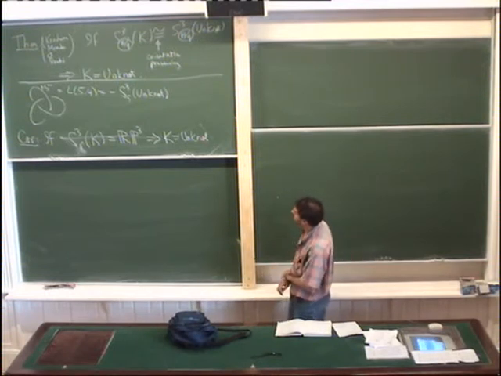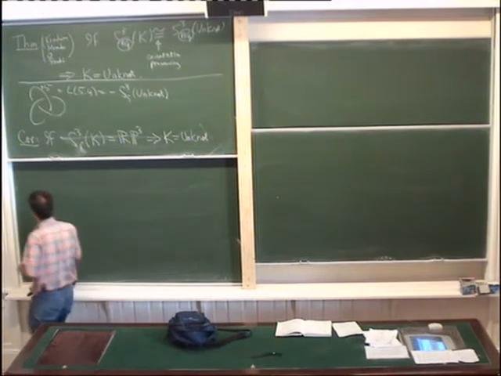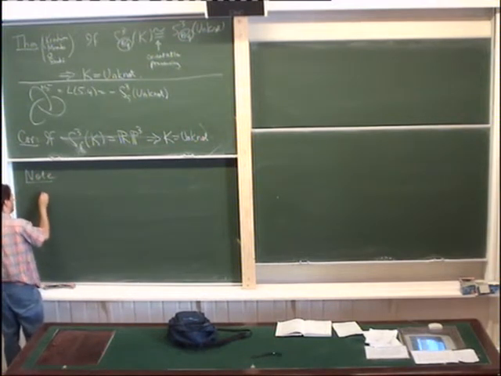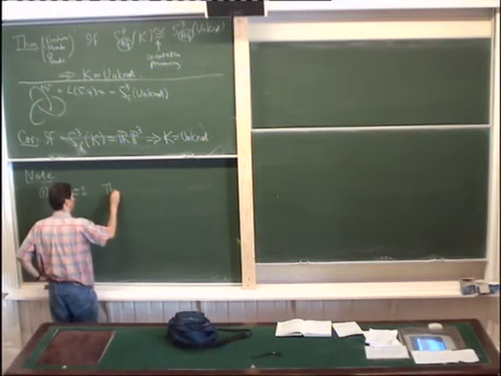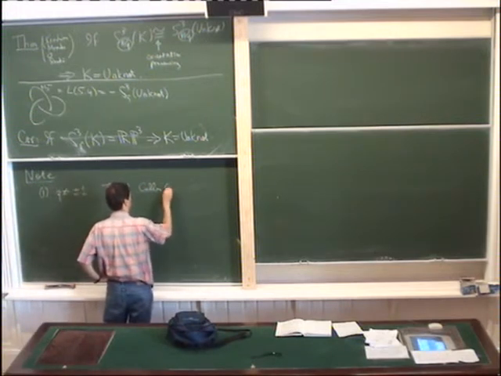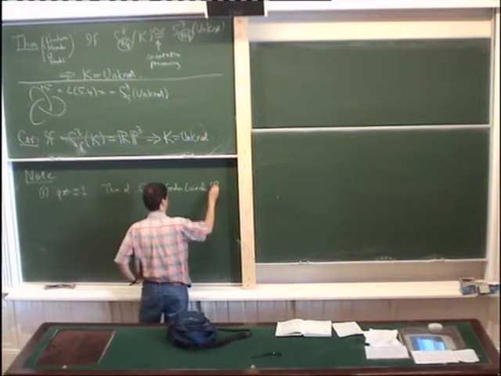Right, what else should I say about this? Of course, I should just remark that many cases of this theorem were already known. When q is not equal to plus or minus 1, this follows from the theorem of Culler, Gordon, Luecke, and Shalen.